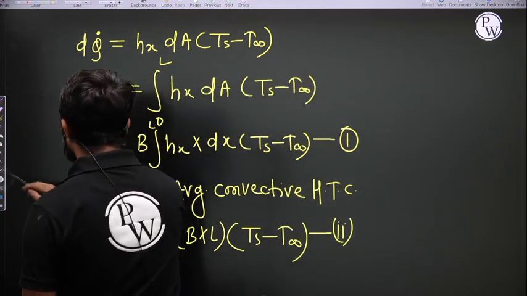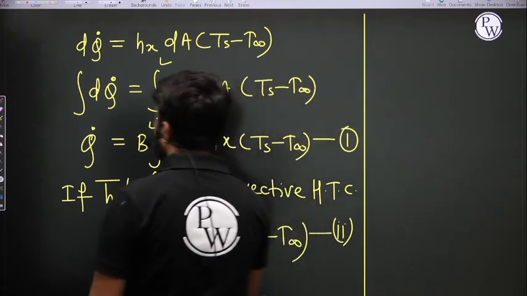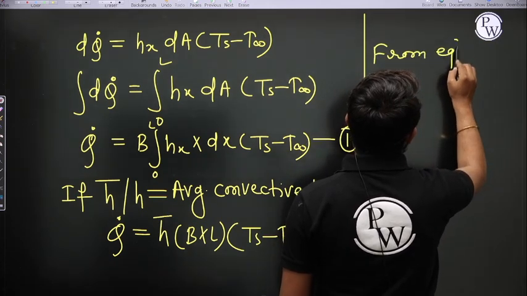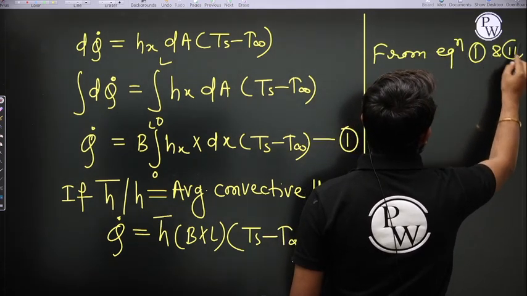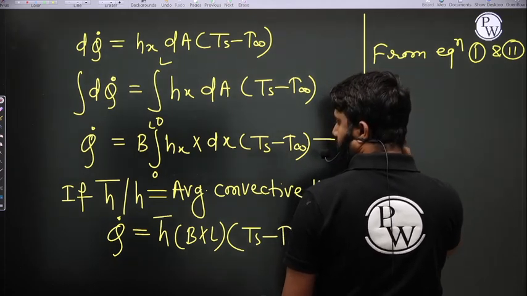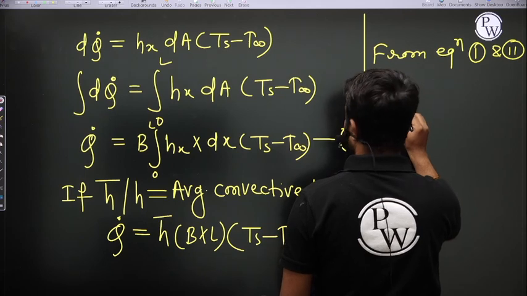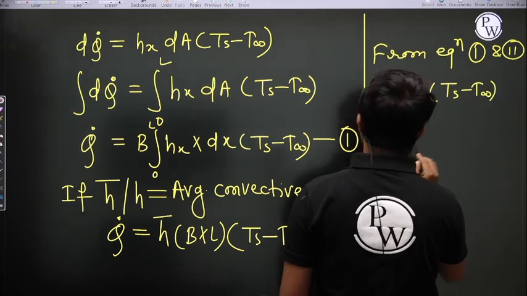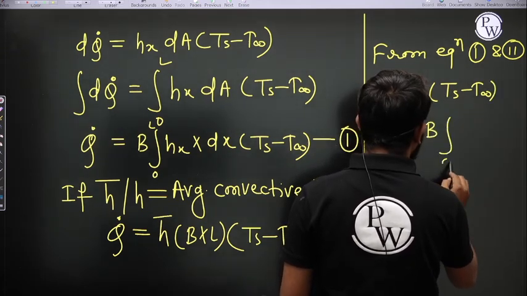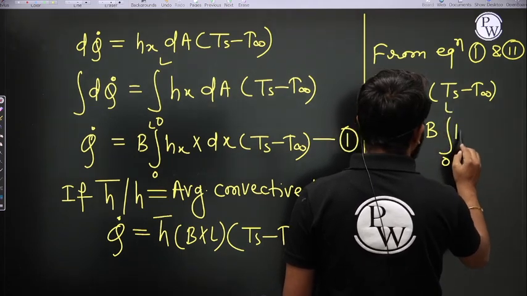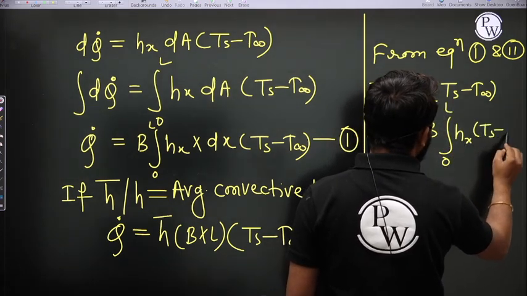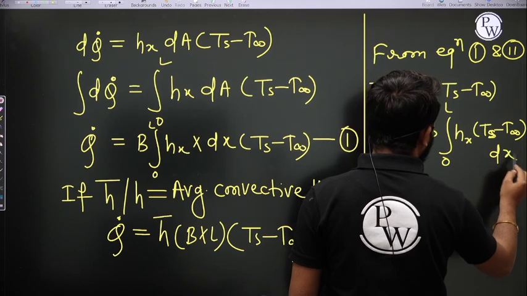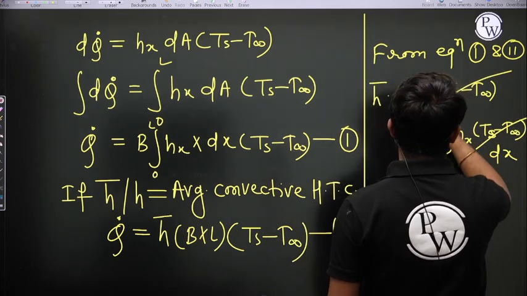So from equation 1 and equation 2, we can say that H bar B L Ts minus T infinity is equal to B, 0 tends to L, Hx Ts minus T infinity dx. The Ts minus T infinity and B cancel over.